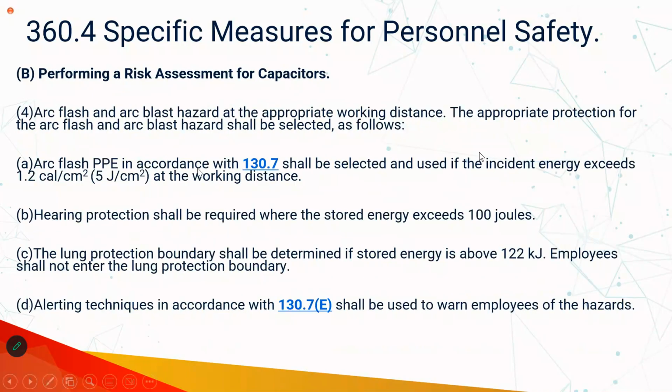Perform the arc flash risk assessment and the shock risk assessment as per article 130.7. If questions come up on how to calculate the arc flash boundary and PPE requirements when working with a capacitor bank, things related to article 130.7 will be applicable. The method we covered in chapter 1 will be applicable here.